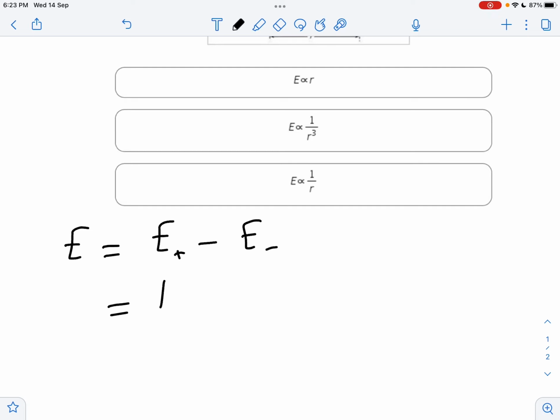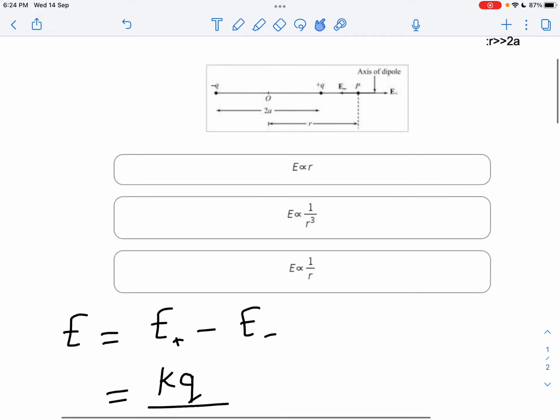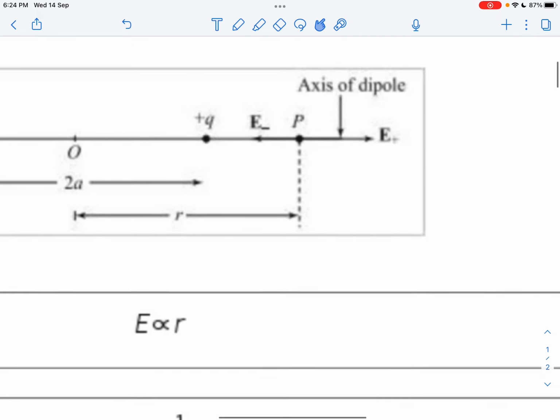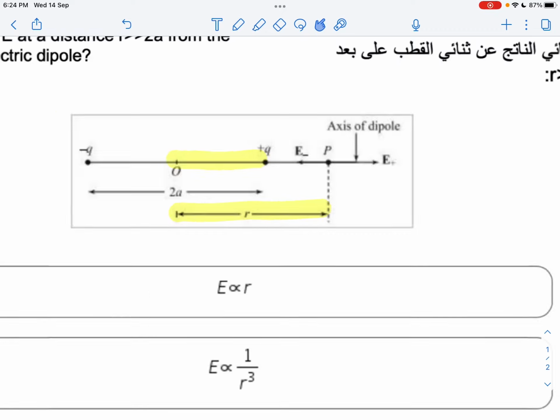E of the positive is simply KQ over the distance between the plus charge and point P. If you look carefully, it's going to be r minus this distance, which is half of 2a. So it will be r minus a.